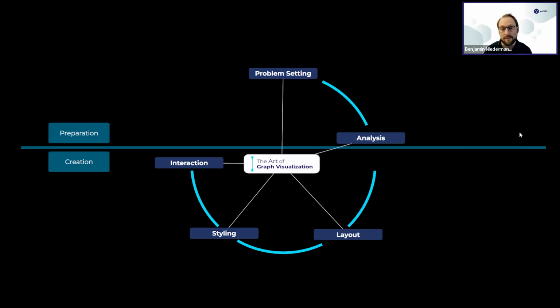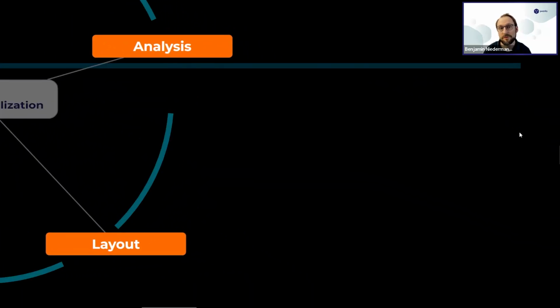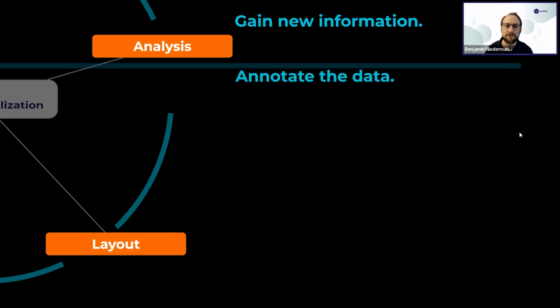And today, I would like to focus on analysis and layouts and discuss how to use this information that we gained from the last episode in order to now decide which kind of layout we would like to use for our graph visualizations. So to that end, we also will consider graph analysis, and we use this graph analysis to gain new information, but also to annotate the data, so to pre-process the data so that we can easily create graph layouts or graph visualizations with our data.